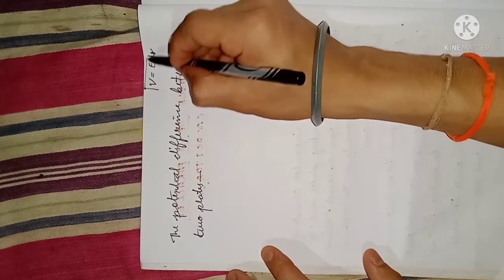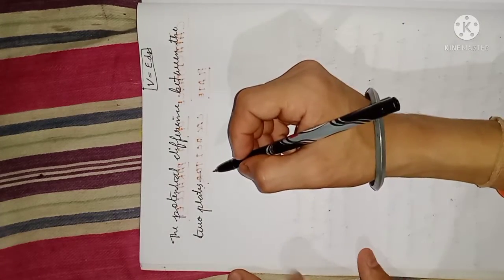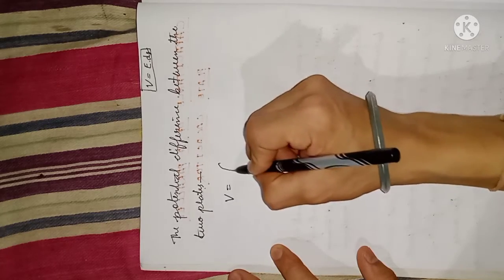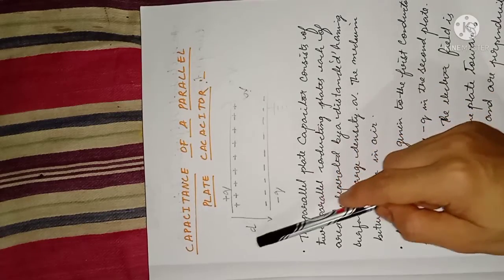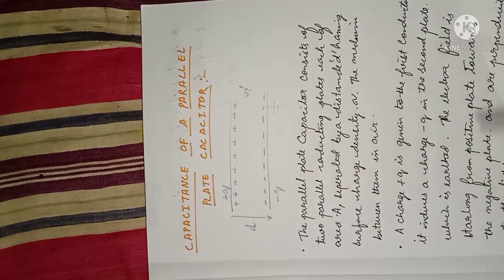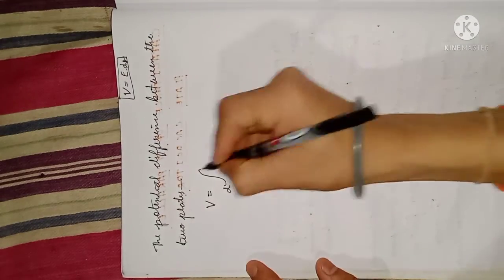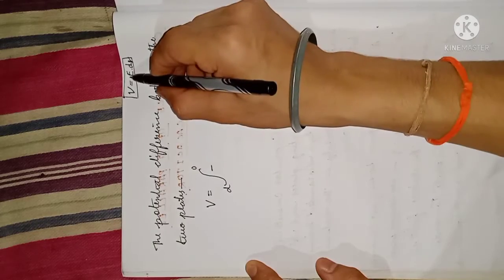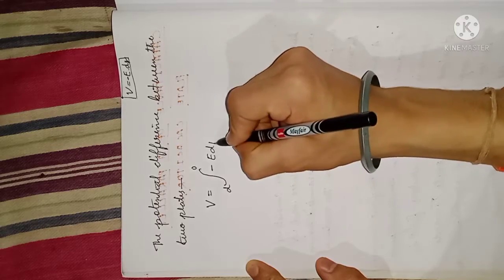So to find the total potential difference we need to integrate. So V is equal to the integration with limits from d to 0, of minus E dr. Since potential difference has a minus sign, we have already proved, minus of E dr.